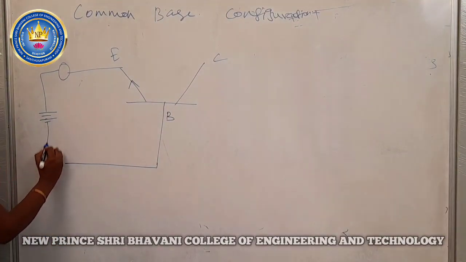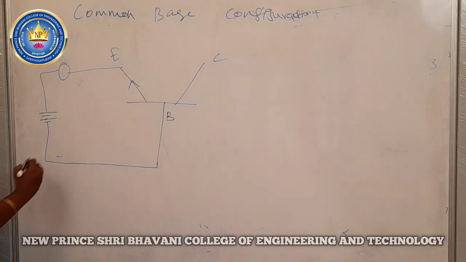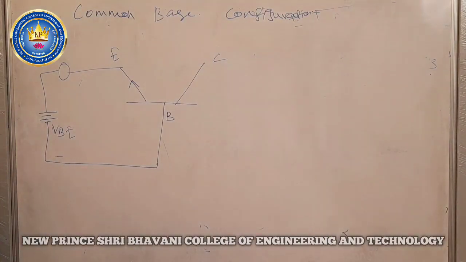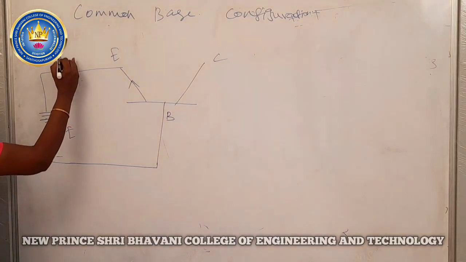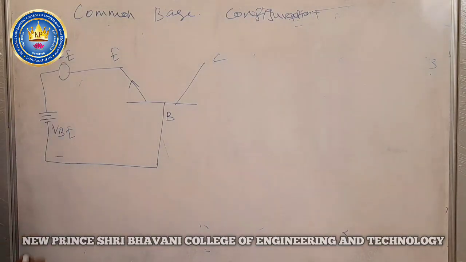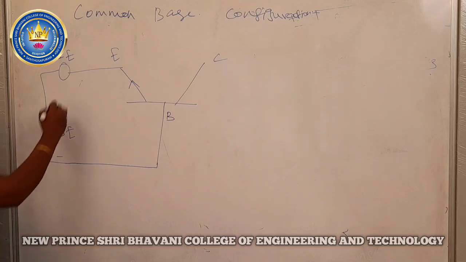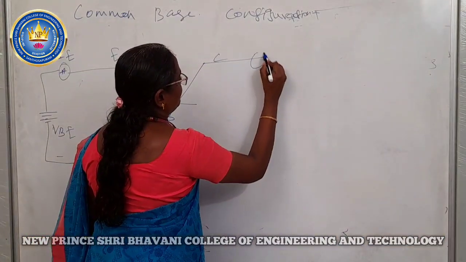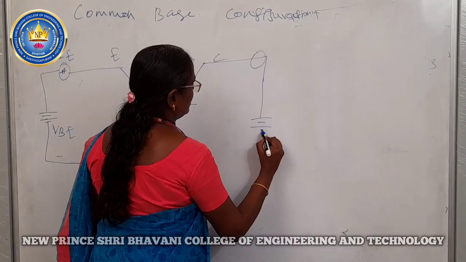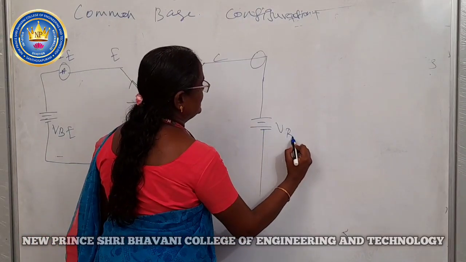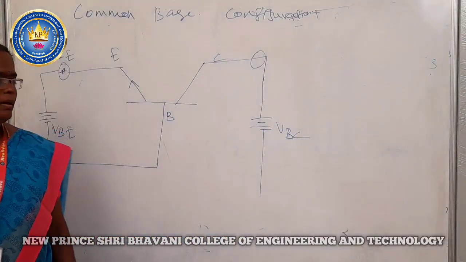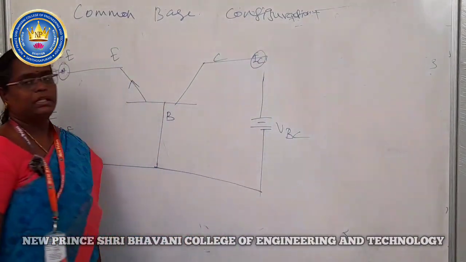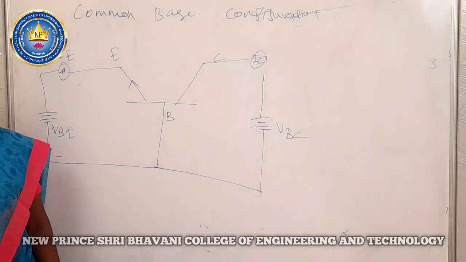So you have to give the input supply between emitter and base. This supply is named VBE, the voltage between base and emitter. The corresponding input current is the emitter current, called IE. And then on the output side, the output supply is named VBC, the voltage between base and collector, and the corresponding output current is called IC, the collector current.